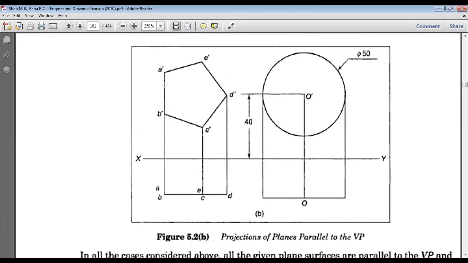So it is very clear that this A dash B dash line is perpendicular to the horizontal plane. If you just look at the figure, in this single line, the points A and B are at the same point, since A dash B dash are on the same line.